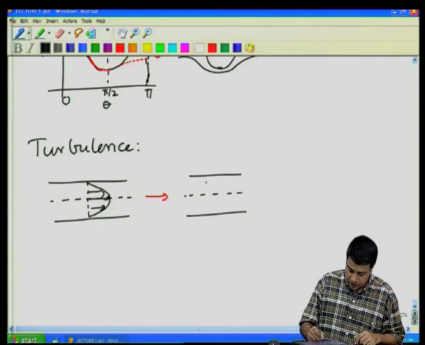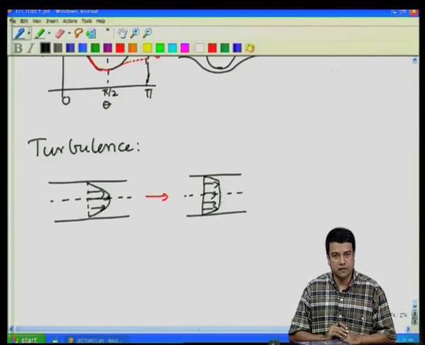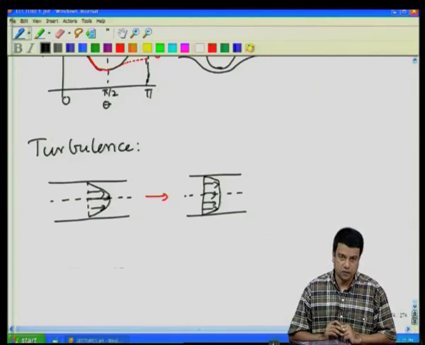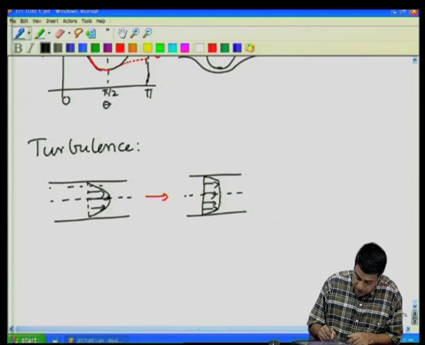In the turbulent flow, the velocity profile is much flatter, more plug-like. For the same average velocity, the maximum velocity is lower. Whereas in a laminar flow, you have nice straight streamlines.